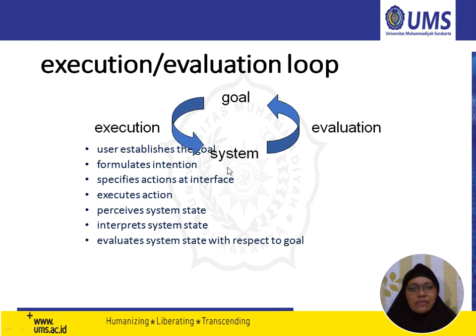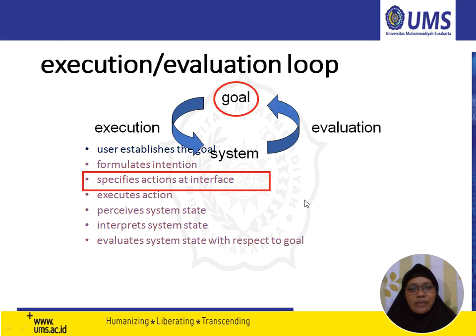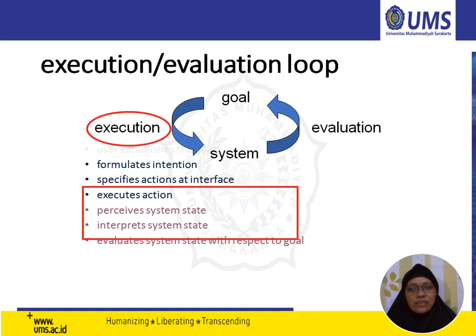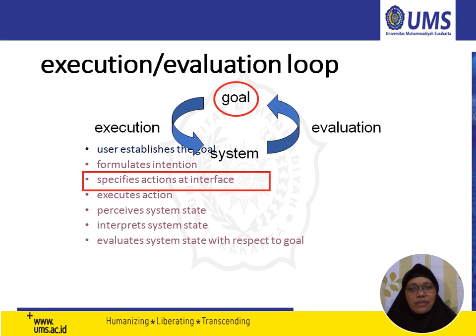But if we have the system and want to synchronize with our goal, we need the evaluation here. So if we have a specific action to interface with the goal, we need specification at the interface.